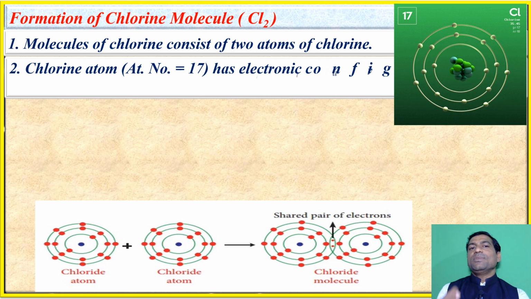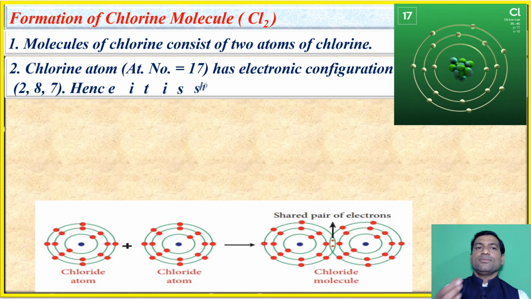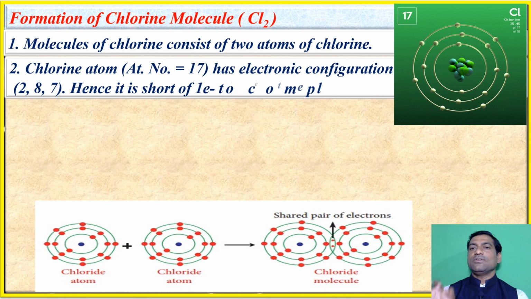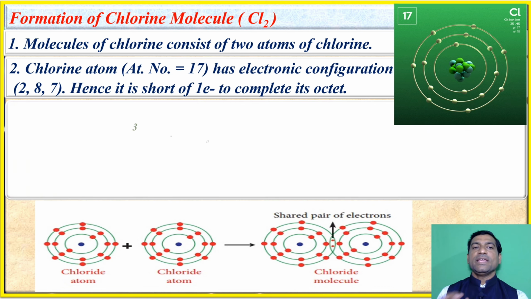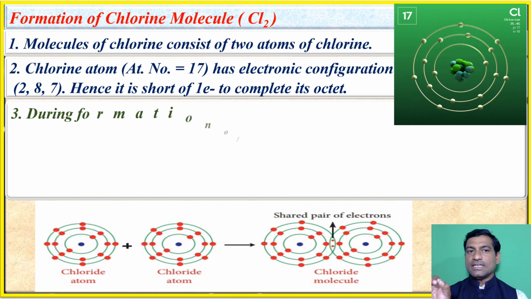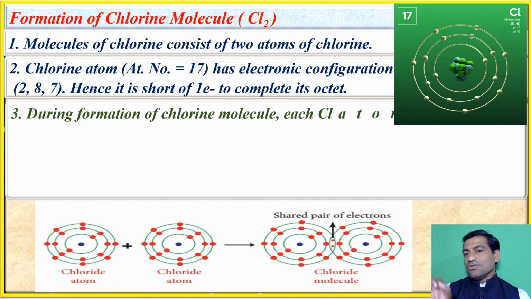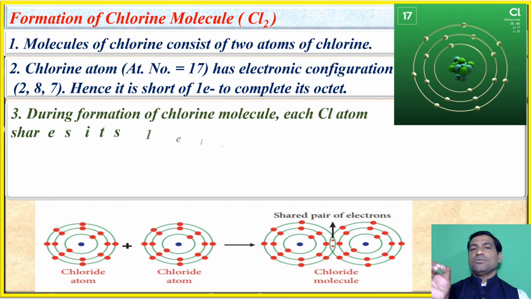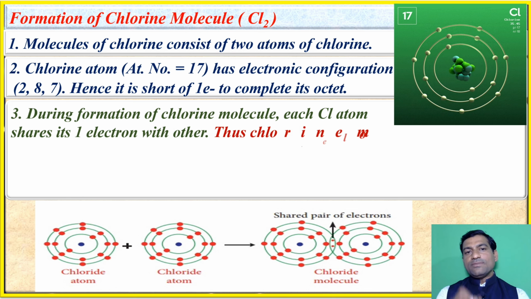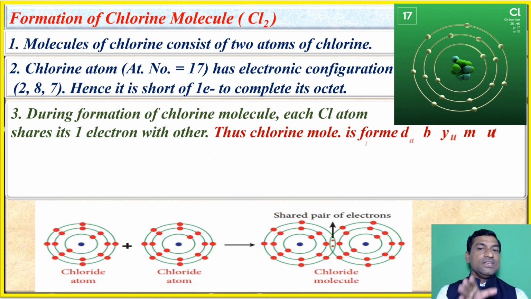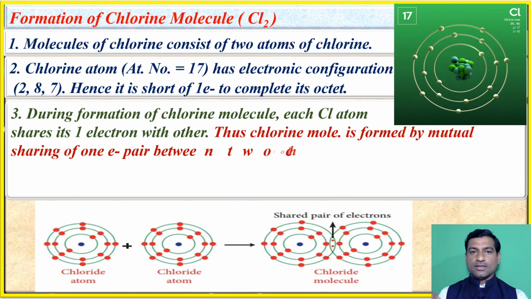The atomic number of chlorine is 17 and its electronic configuration is 2, 8, 7, means the first orbit contains 2 electrons, the second orbit contains 8 electrons and the last orbit contains 7 electrons. Hence it is short of 1 electron to complete the octet. During the formation of the chlorine molecule, each chlorine atom shares its 1 electron with the other.